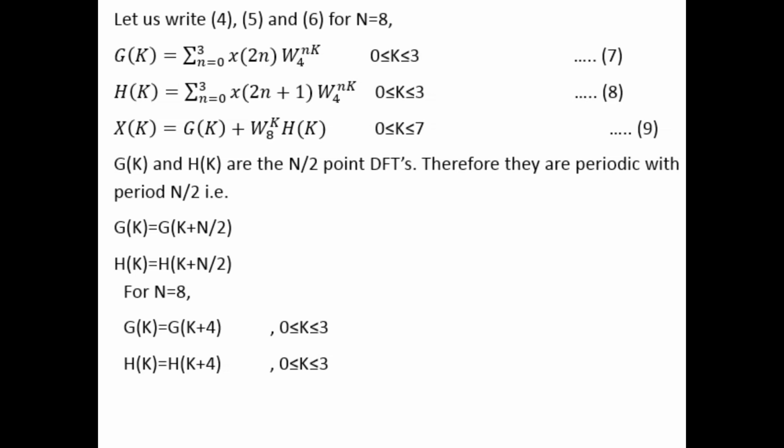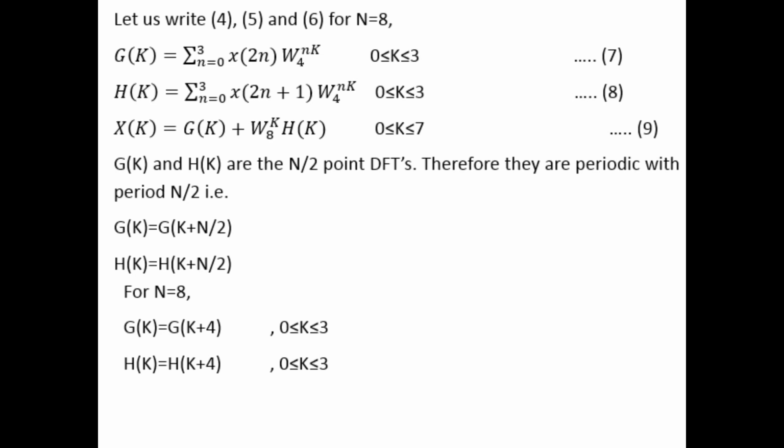Let us write equation number 4, 5 and 6 for N is equal to 8. So g of k is equal to summation n is equal to 0 to 3 x of 2n omega 4 of nk, where k varies between 0 to 3. We can call it as equation number 7.